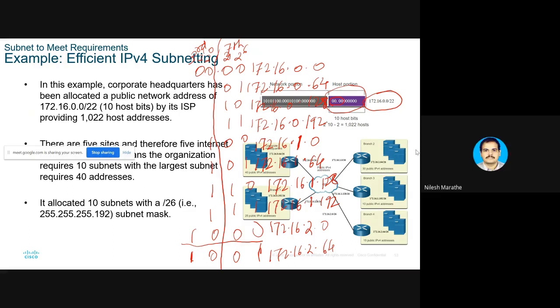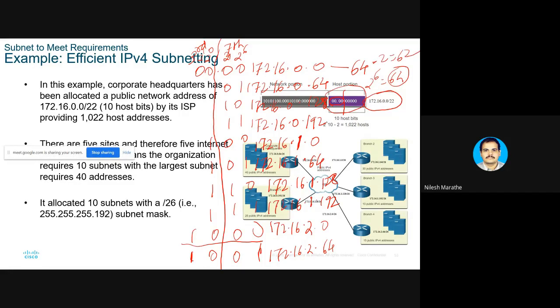Each block has 64, that is 2 raised to 6. How many allocatable host IP addresses are present in each block? 62, 64 minus 2.